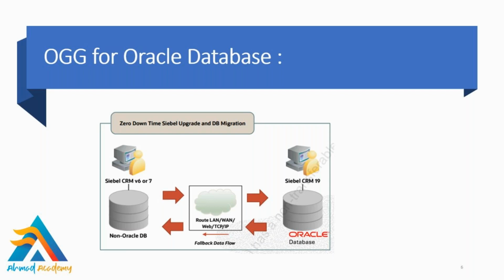It also offers a fallback option to go back to the old system if needed for any reason. So Oracle Golden Gate can help with migration or upgrade of Oracle applications like Siebel, JD Edwards, PeopleSoft, E-Business Suite, and other applications. Okay.